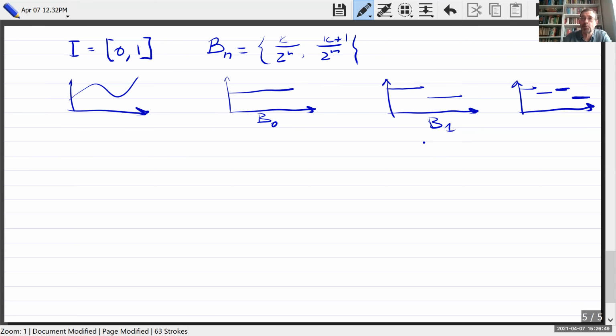It means that we took consecutive intervals of the same parity, so that the union is the interval of the previous level, and we average here, and we average here. So that's precisely this Martingale averaging. So the sequence of conditional expectations is a Martingale, and essentially that's the main example of Martingale.